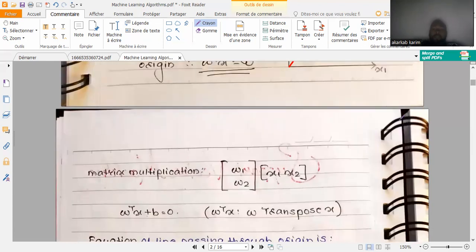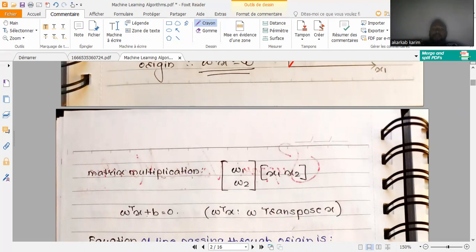So as I told you before, we work in space. I mean, we have a lot of features, a lot of values, that constitute matrices and vectors. For that reason we need this concept of transpose. If we take this matrix multiplication, we have w1 and w2 as the values, and we also have x1 and x2.